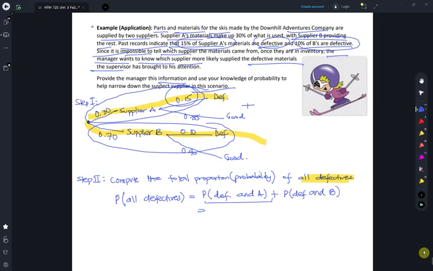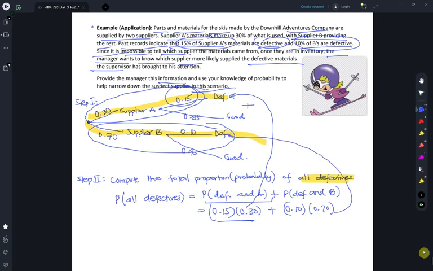To calculate the first part, you have 0.15 multiplied by 0.30, plus 0.10 multiplied by 0.70. This comes from the first path, and this comes from the second path, multiplying those values together.